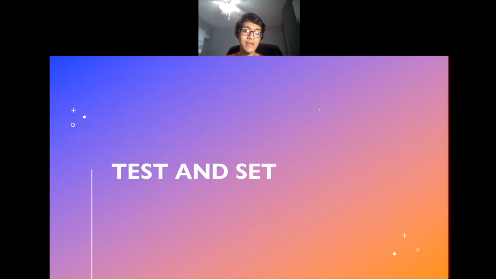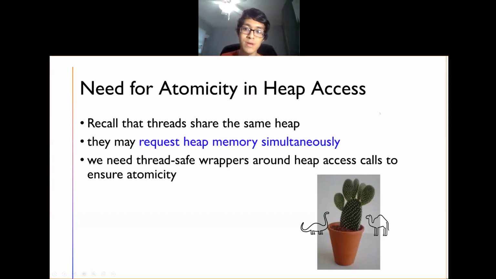All right, now let's move on to test and set. So recall that threads share the same heap of memory space, and there may come a situation when two different threads of the same process may request the same heap memory simultaneously, and we need to make sure that this does not happen.